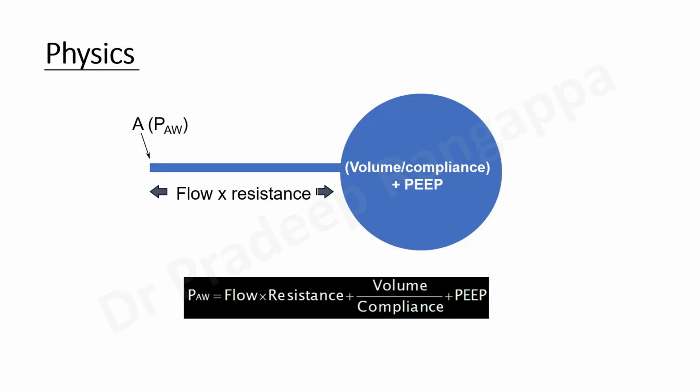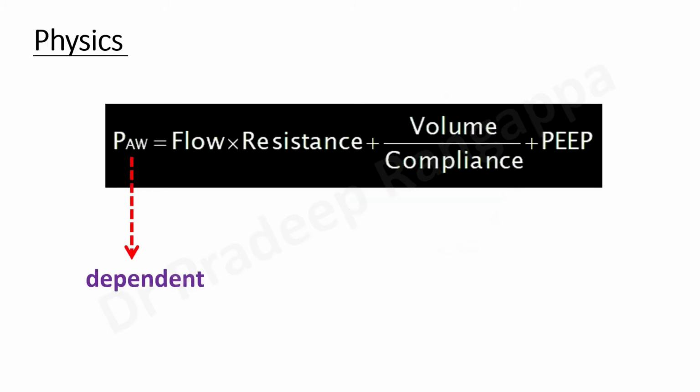This is something we need to understand in a fundamental way, and it remains integral to understanding our flow dynamics. So: flow times resistance plus volume divided by compliance plus PEEP.